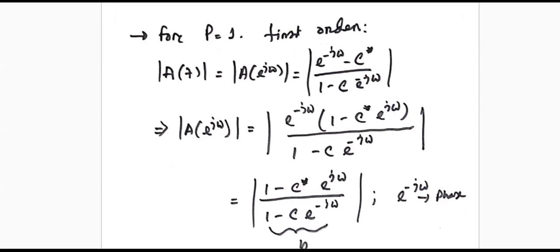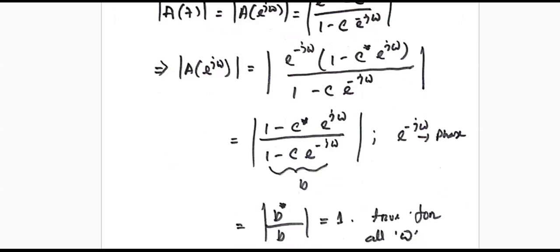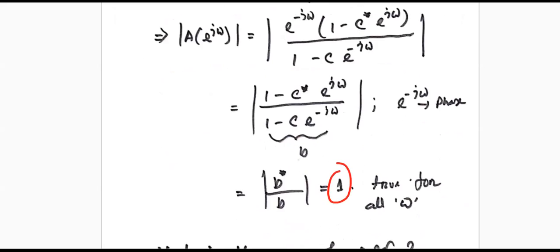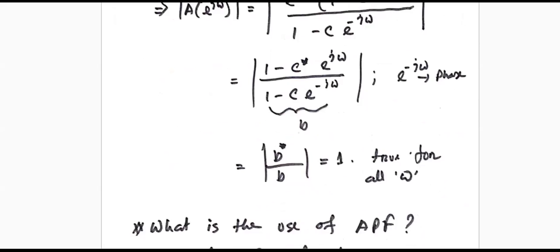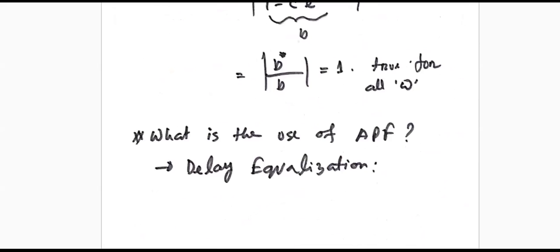For this particular filter, we can justify that the magnitude response of this filter is equal to 1. So it shows that what we have learned is perfectly all right for designing the all pass filter.